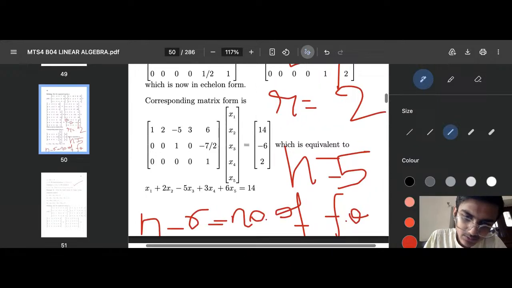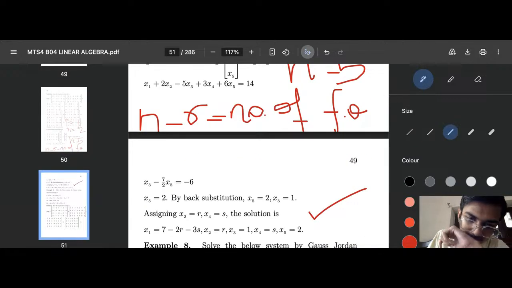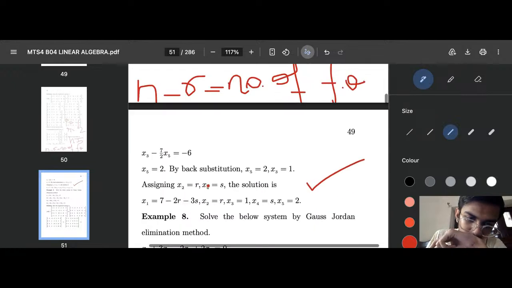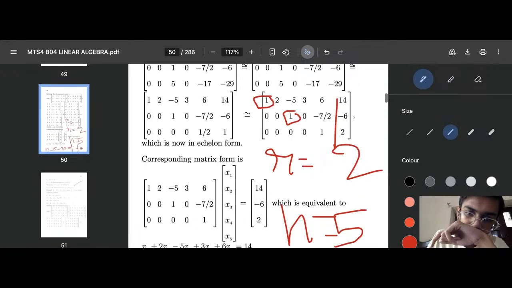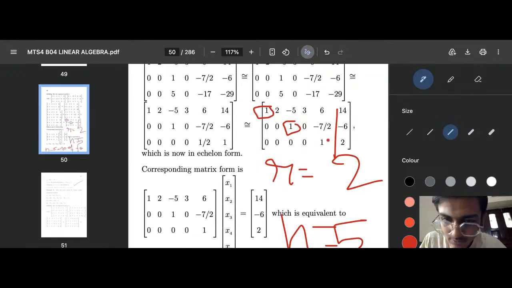Then you have three free variables. Let me check. Okay, we are assigning x2 and x4. According to them, these two are free, and this is the pivot element. Pivot row. Yeah, here, I missed.